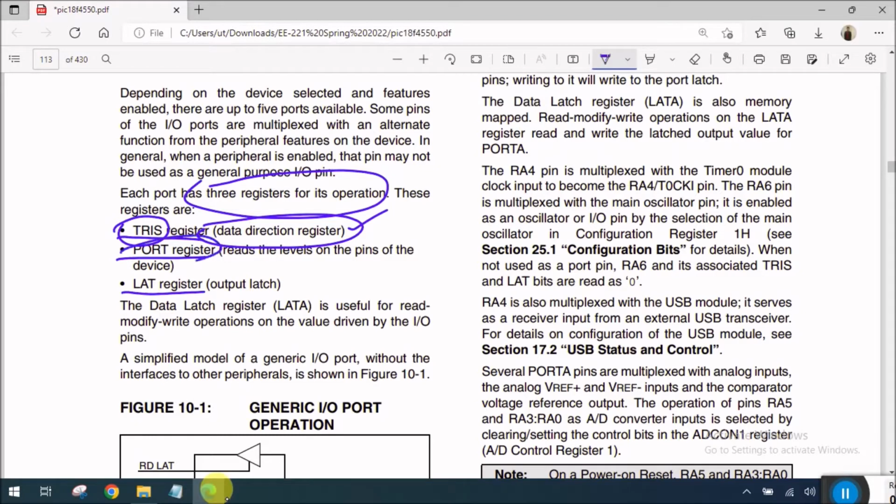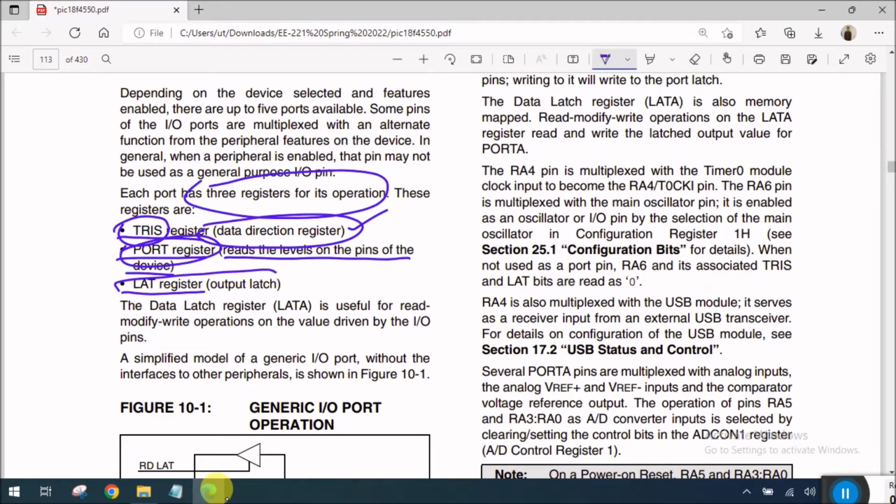The PORT register is the actual value of that pin that we can read. So it reads the level of the physical pin that is actually outside the microcontroller and that is actually interacting with its environment, the other systems and the user.